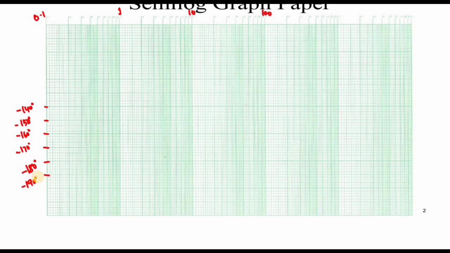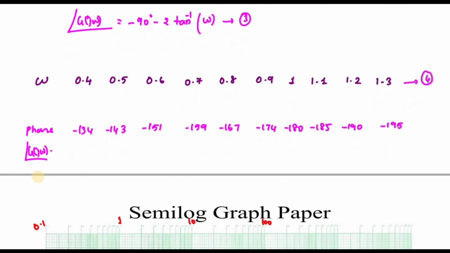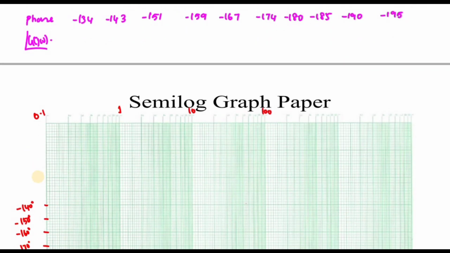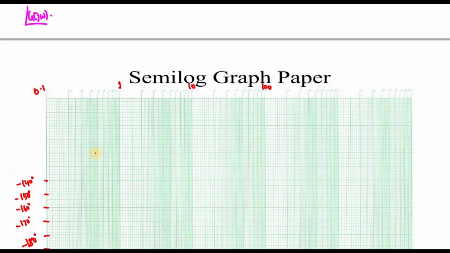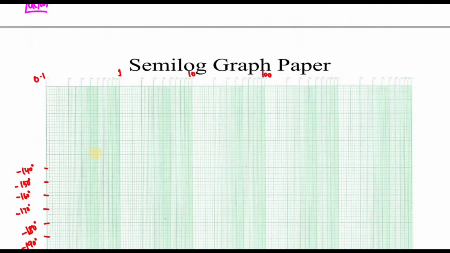Okay, for 0.4 it is minus 134. So here is 0.4, and 134 is here, because this is 132, 134.